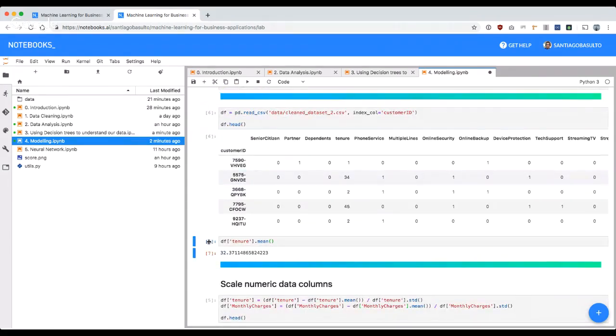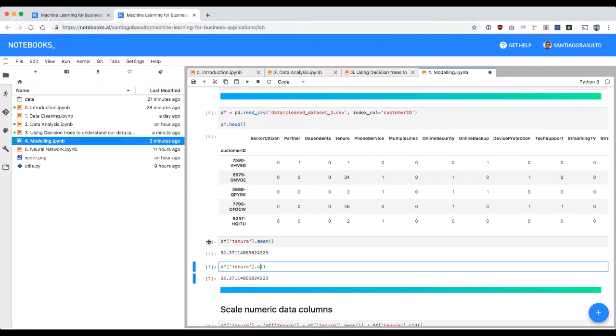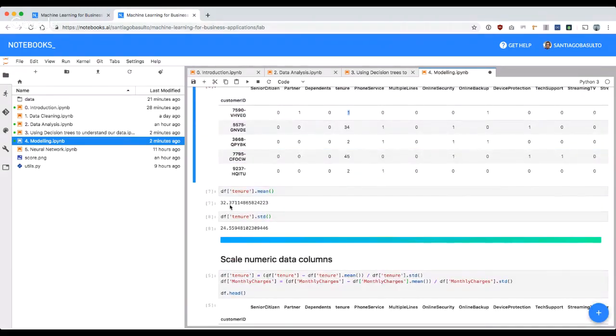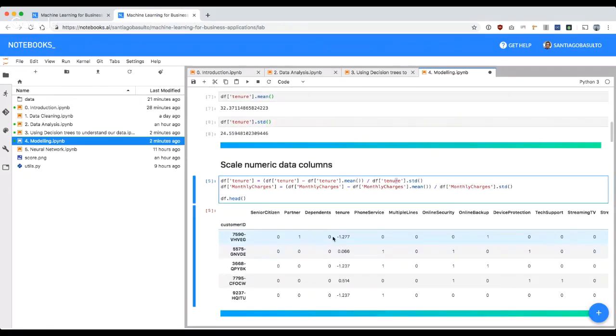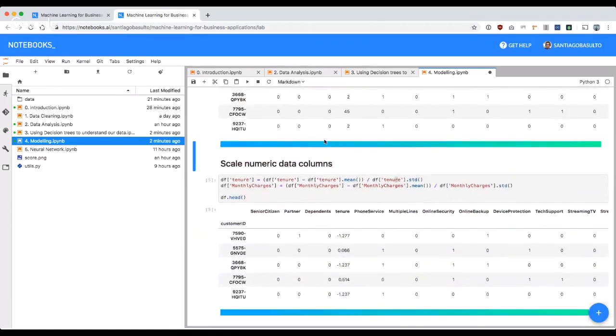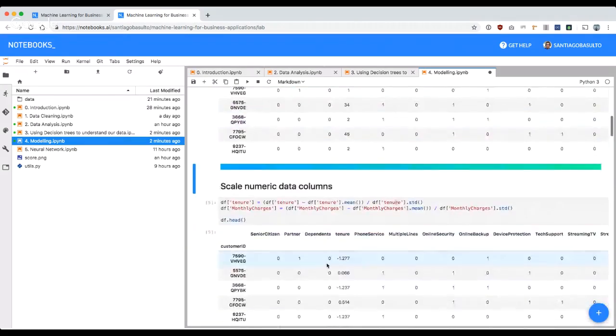we read that it is 32. The standard deviation is 24. So this value, subtracted by the mean and then divided by the standard deviation, is going to give you minus 1.27. So that value that was 1 before now becomes minus 1.27.